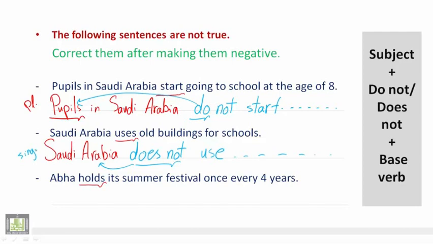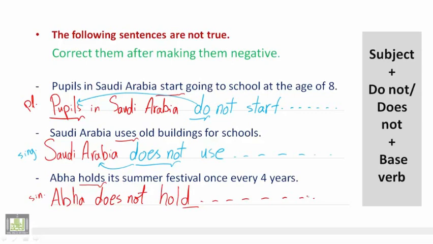The last sentence, Abha holds its summer festival once every 4 years. Of course this is not true, so we say Abha, it is singular of course, so we will use does not hold without any additions, etc. Okay, so we all the time have subject verb agreement.